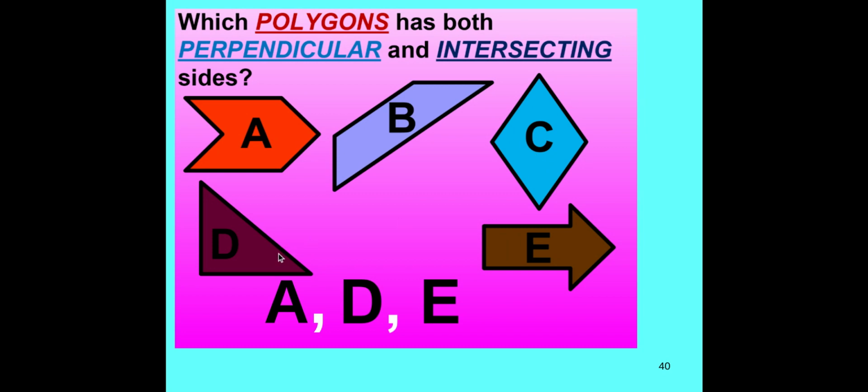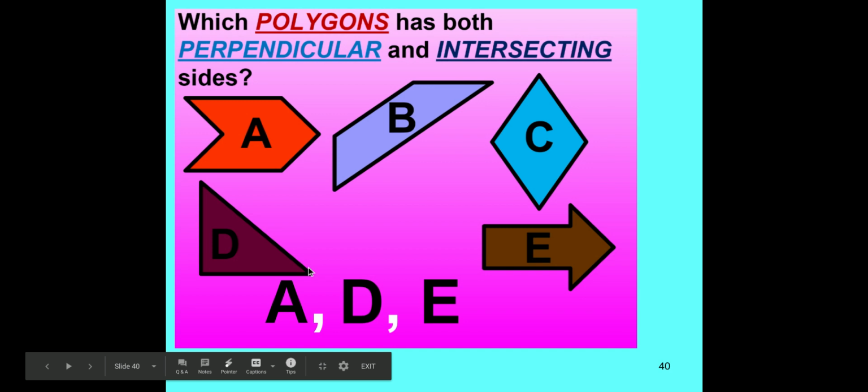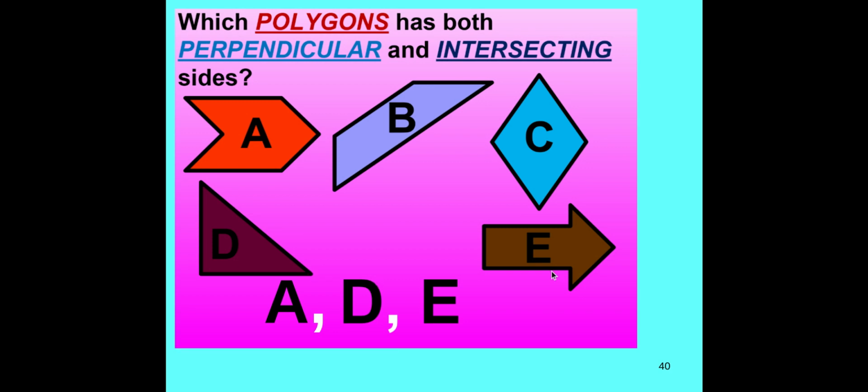D, we have a right angle down here in the corner, and we have non-right angles. And E, we have right angles in these corners, as well as one over here, but we also have acute angles here. So perpendicular means right angle, intersecting means acute or obtuse angles.